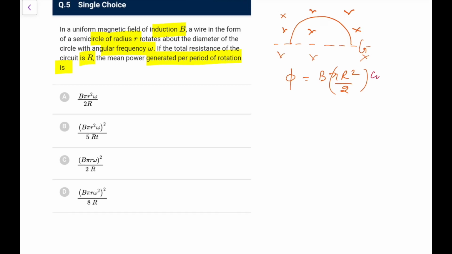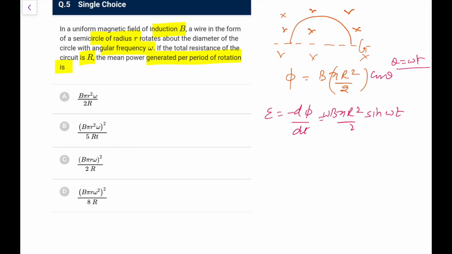So E is minus d phi by dt, which gives B pi r square by 2 times sin theta times omega, and theta can be written as omega t. So this is sinusoidal, and Emax comes out as B omega pi r square by 2.